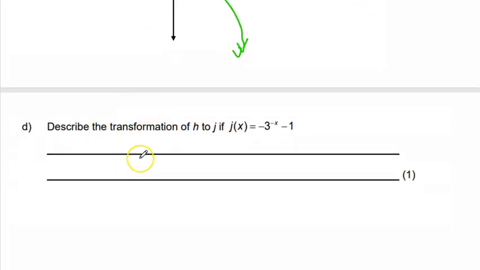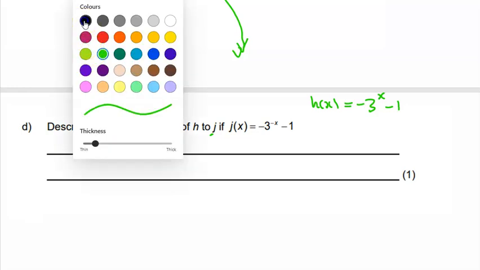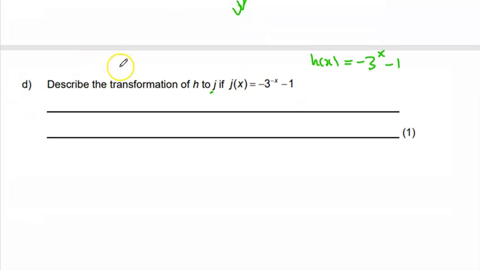Let's see the last question. This was an easy one. They want us to describe the transformation of h to j. So now what I'm going to do is check the difference between them, because this is just 1 mark. Remember our h(x) was equal to negative 3 to the power x minus 1. What I need you to do is to find the difference between these two equations.